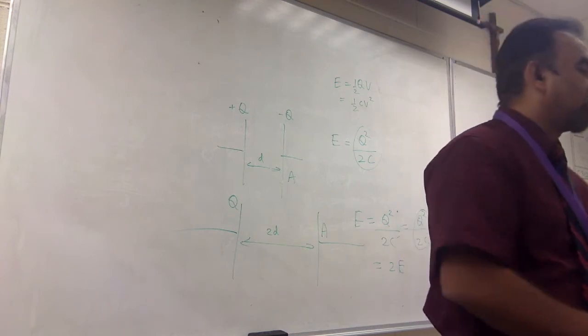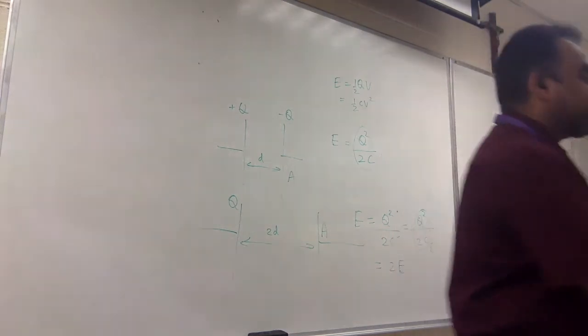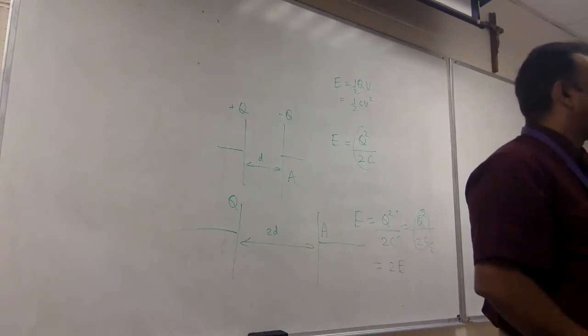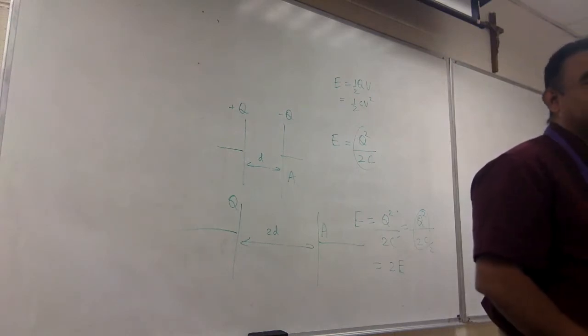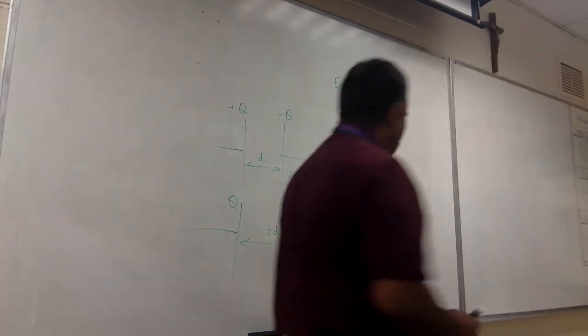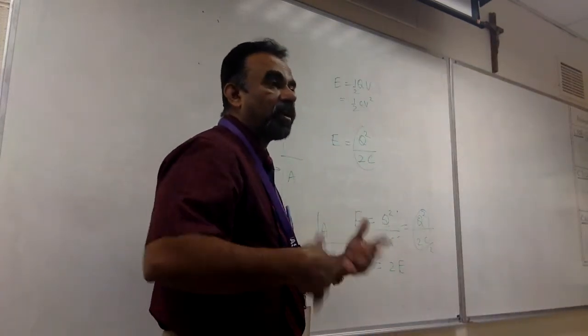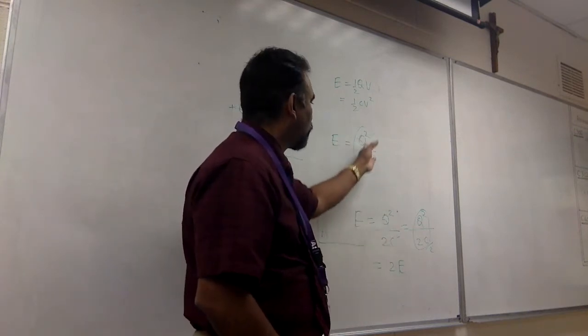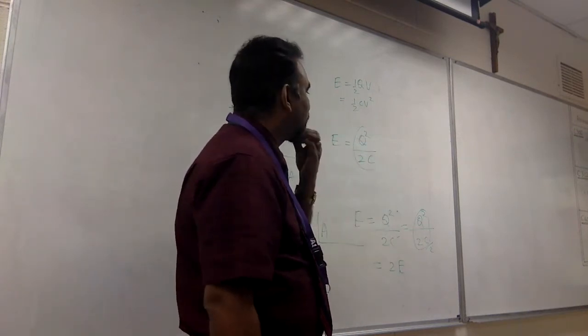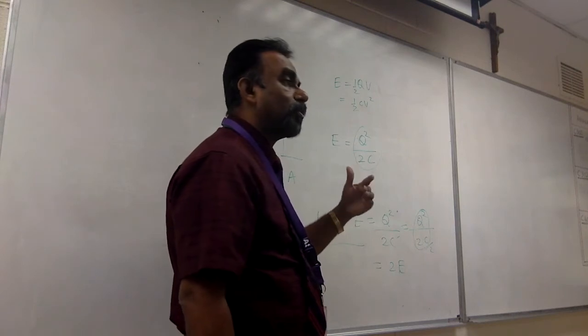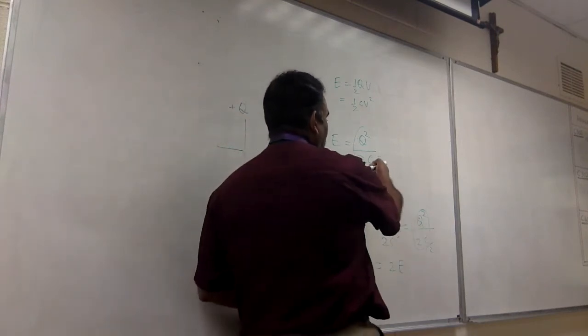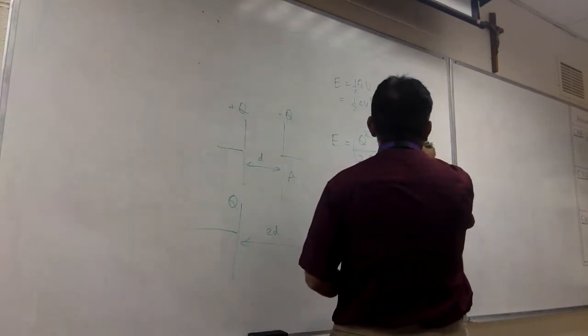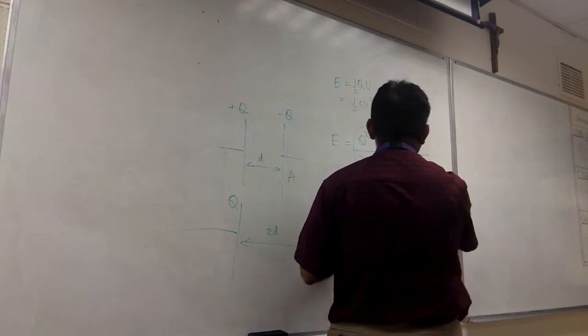It's like this already has 100 joules. Now it has 200 joules. How much work was done? 100 joules. The difference. So the amount of work that was done is E itself, which is what? Q squared over 2C. So if you want to bring it in terms of Q and area, get rid of the C. So it's going to be Q squared over 2 times, what is C?